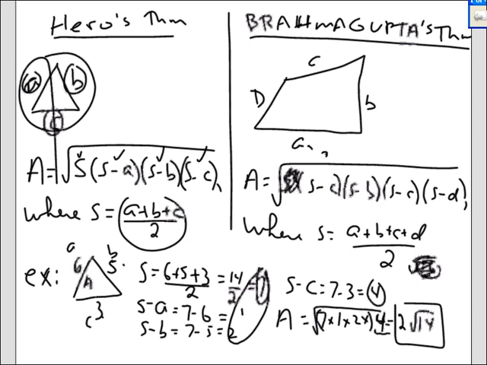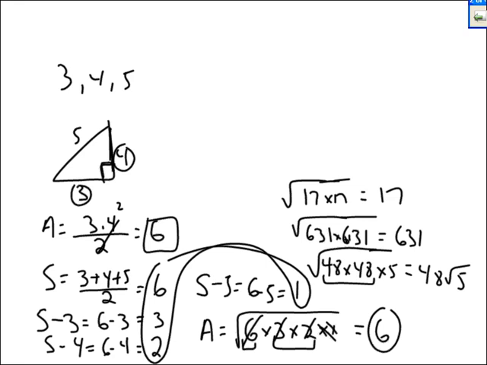Okay, shouldn't have the S. In Heron's formula, it certainly does have the S. The S is certainly there, but not in Brahmagupta's theorem. So it's very trivial problems. Know the formula, unlike me, know the correct formula, and then you can work it out nicely.